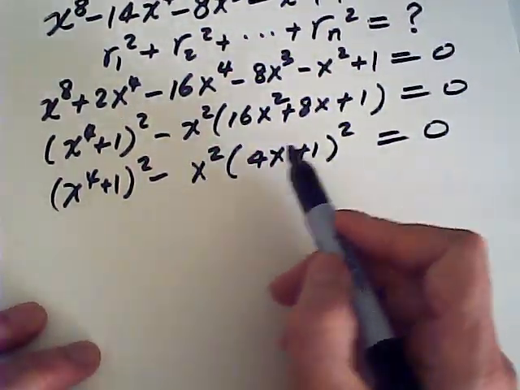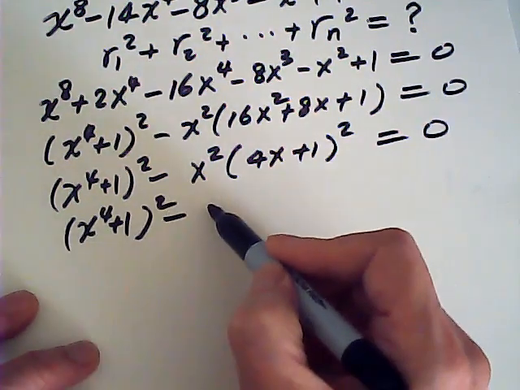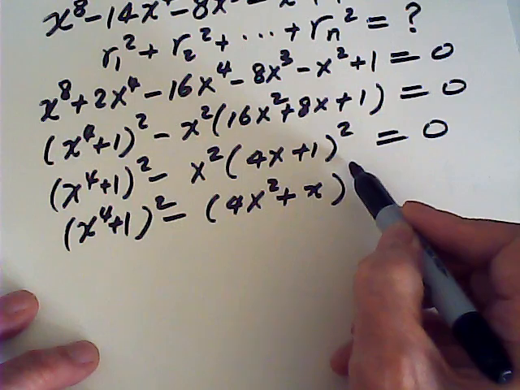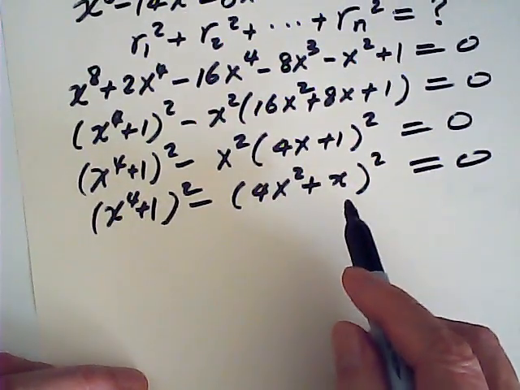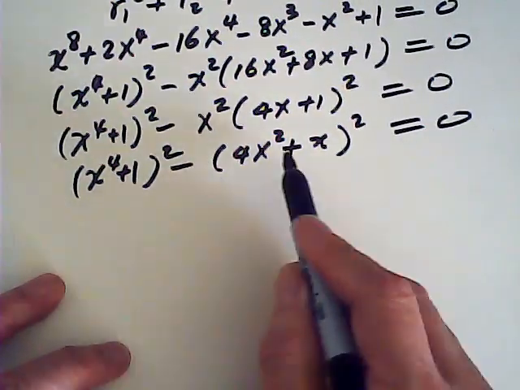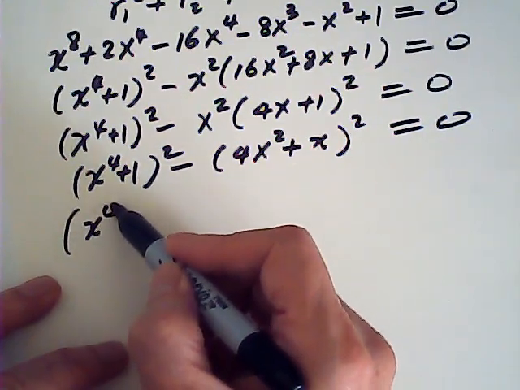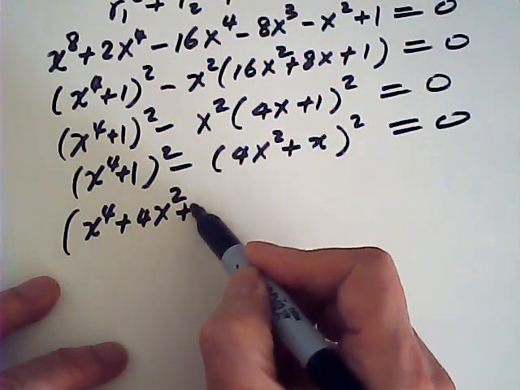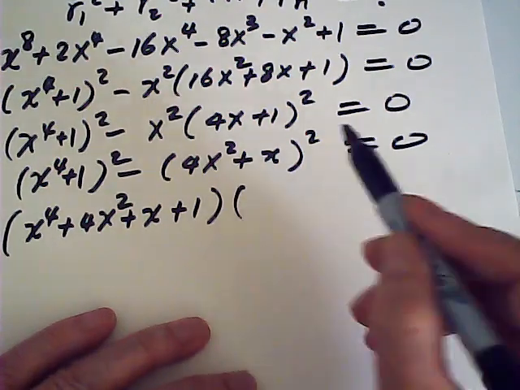Then we combine these two, it becomes x to the fourth plus 1 square minus 4x square plus x square. Then we can use the difference of squares, which becomes this plus this, which is x fourth plus this plus 1, multiplied by this minus that.